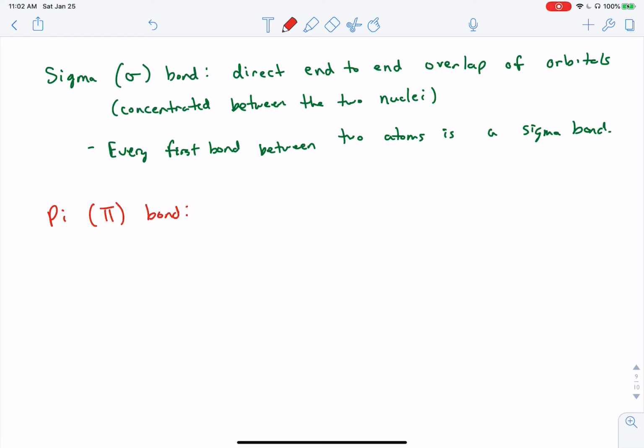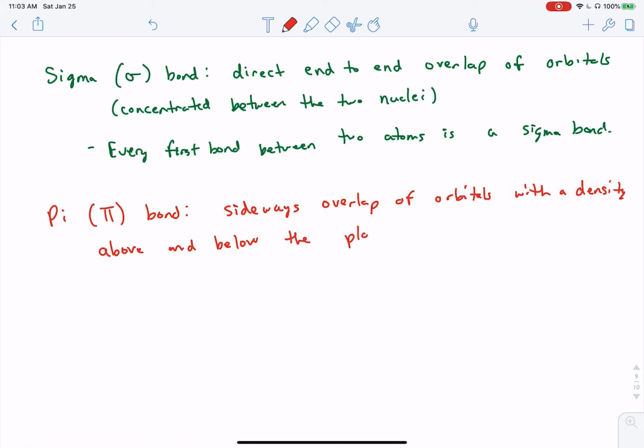Okay. And that is what's called a sideways overlap of orbitals with a density above and below the plane of nuclei.